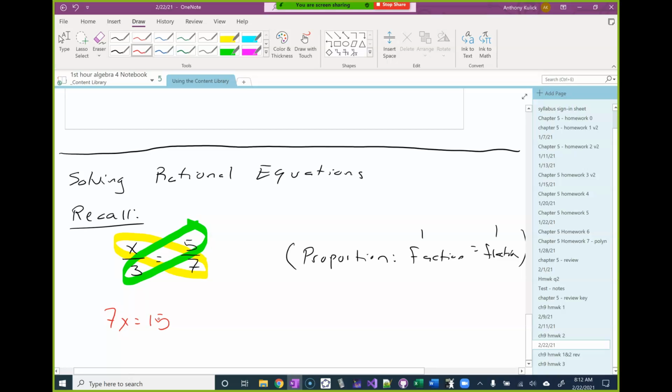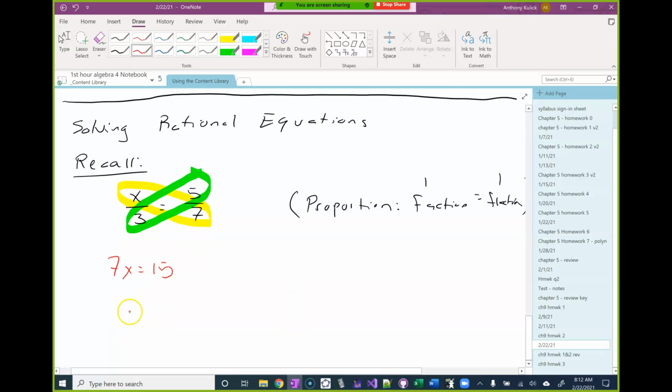Basically, all it's doing is converting this equation that had fractions in it into an equation with no fraction in it. Still an equation is the result. But now this is something that's easy to deal with, because we can just divide both sides by 7, and there's our answer.